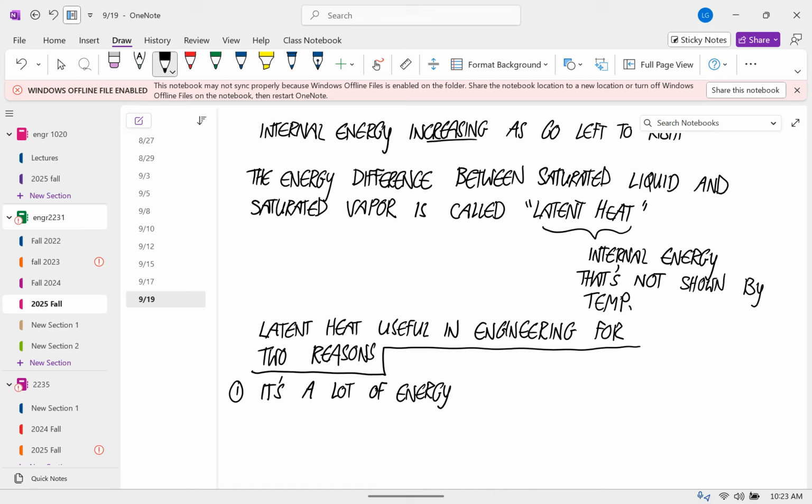And I don't have tables of that, so I can't show you the numbers like I just did for liquid to vapor. The reason we're not going to deal with that is because it's not nearly as useful to engineers. It's a lot less latent heat going from a solid to a liquid than from a liquid to a gas. The energy you get from phase change solid to liquid just isn't that much. So we'd rather use the one where we have a lot of energy at our disposal.